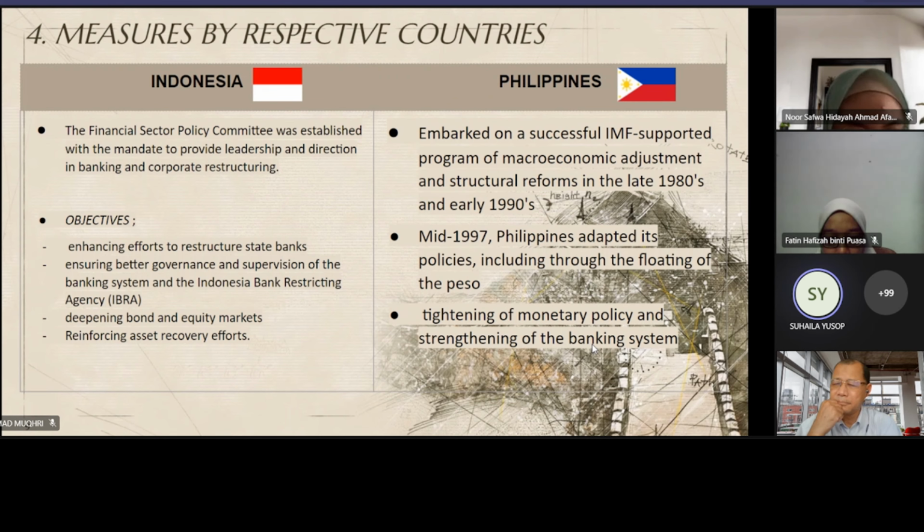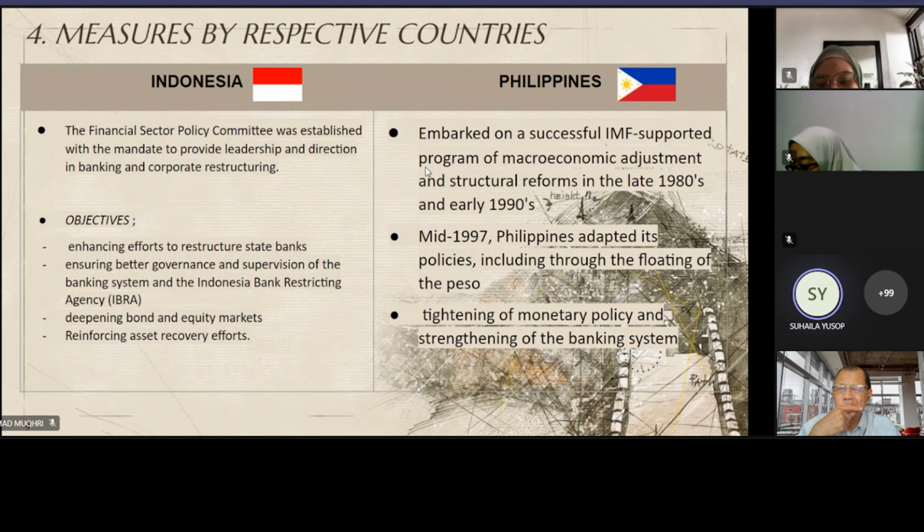Secondly, to ensure better governance and supervision of the banking system and the Indonesian Bank Restructuring Agency, or IBRA. The third objective is deepening bond and equity markets. And the last objective is to reinforce asset recovery efforts.